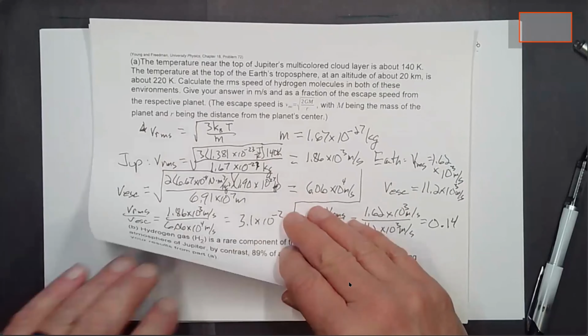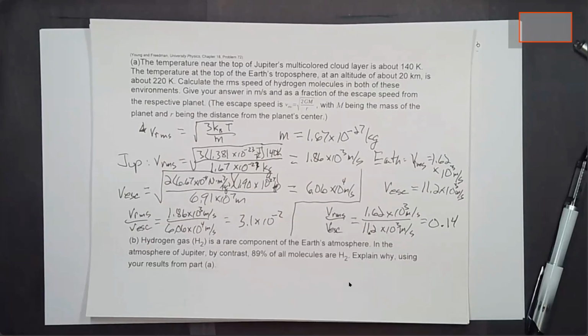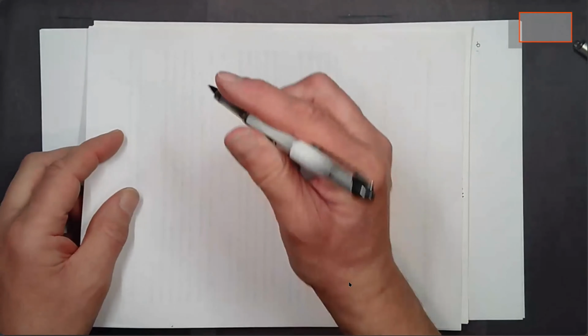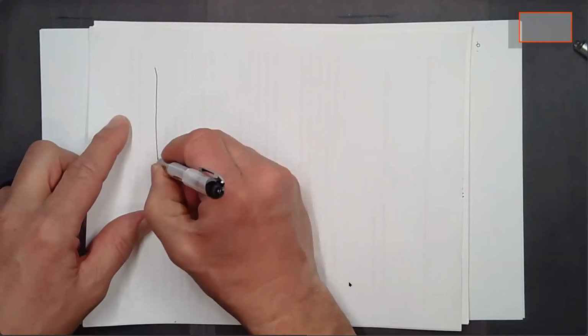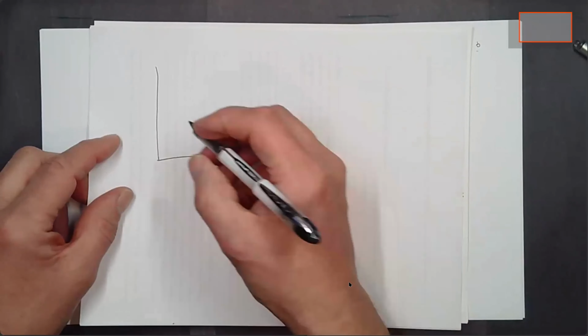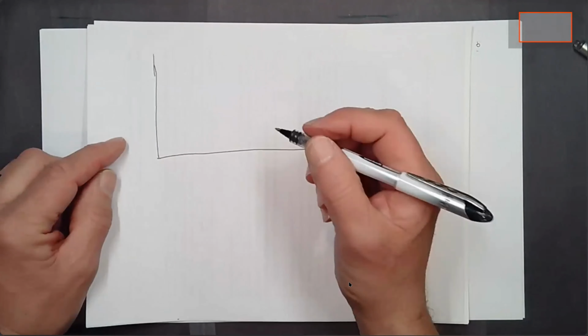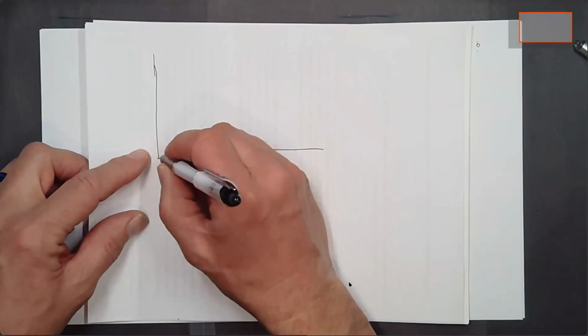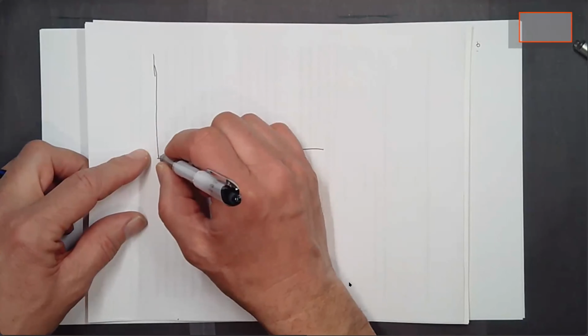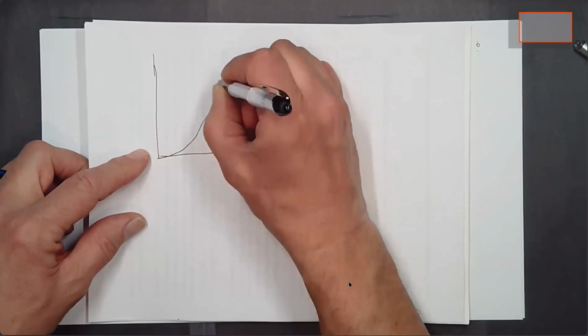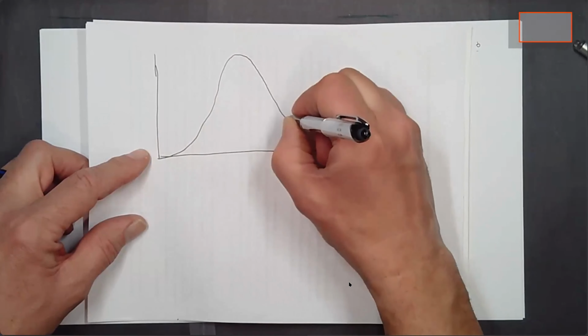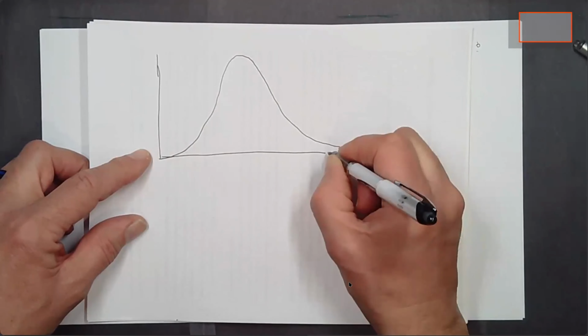Here's the thing about molecular speeds, discussed in one of the sections in chapter 18: they're not all the same. That's why we have to calculate an average for them. There's a section in chapter 18 on the distribution of molecular speeds. At a given temperature, it's a distribution that looks about like this.